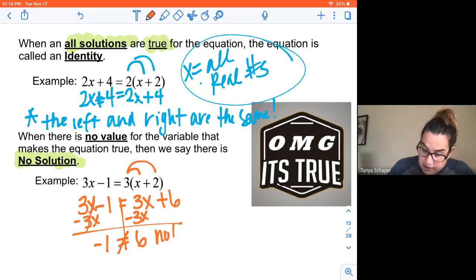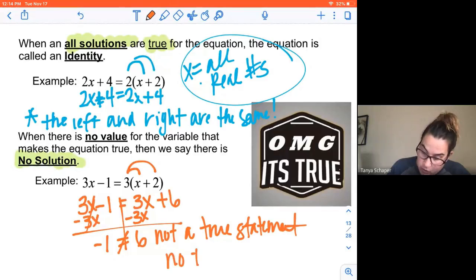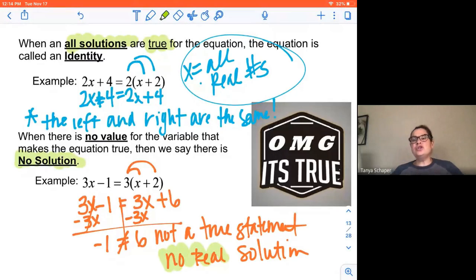So when I have an equation that's not a true statement, then we say that there is no real solution. And the tricky part with this is it's really hard to check either case. You just really need to go back and really look at your work.